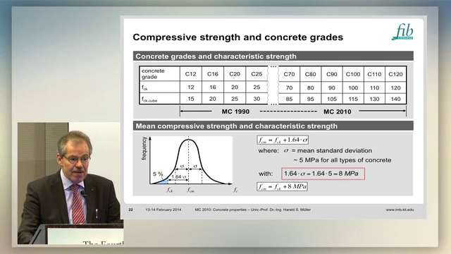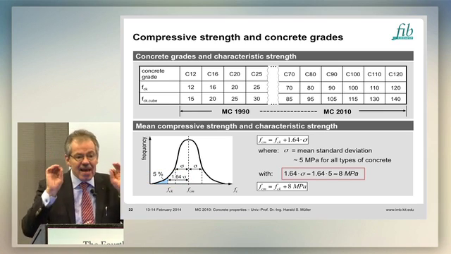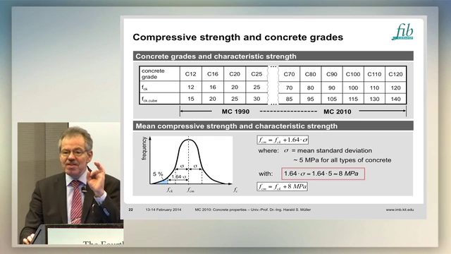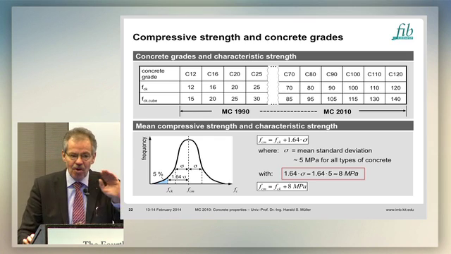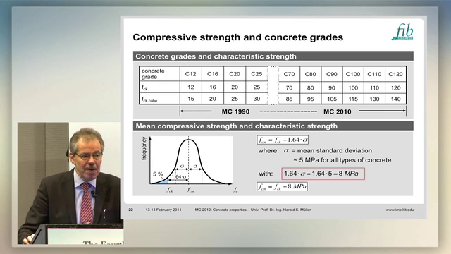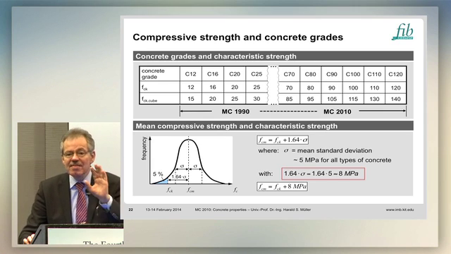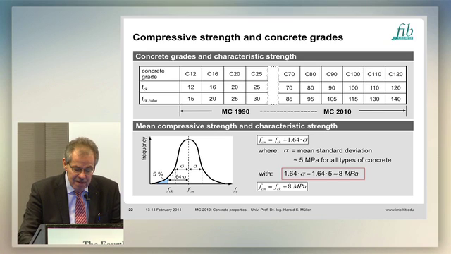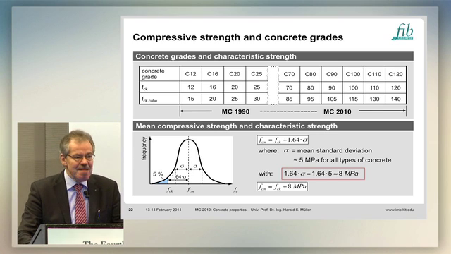And if you look into the test data, you found that independent of the type of concrete, normal strength, high strength, or lightweight, the standard deviation is approximately 5. And if you multiply this 5 with the 1.64, you end up with 8 megapascal.